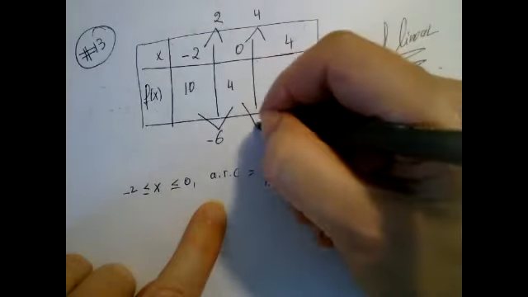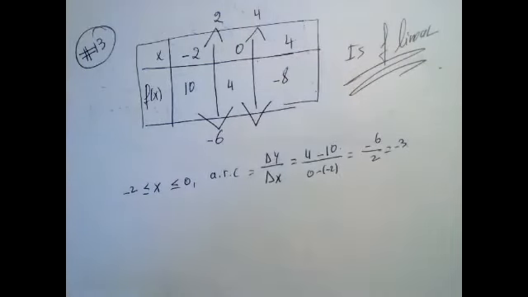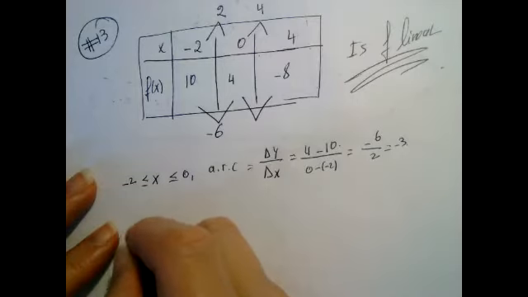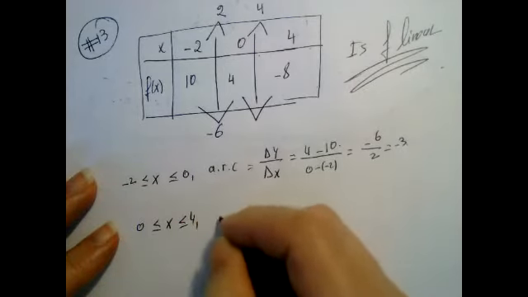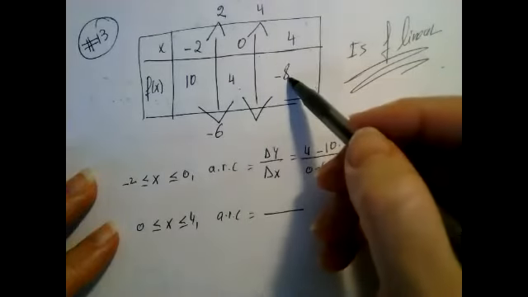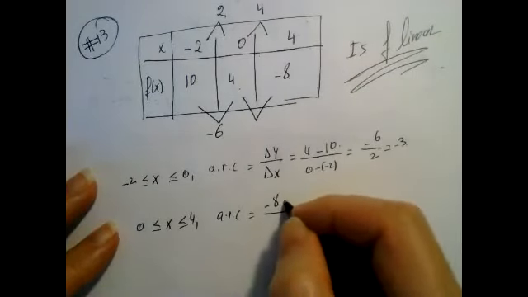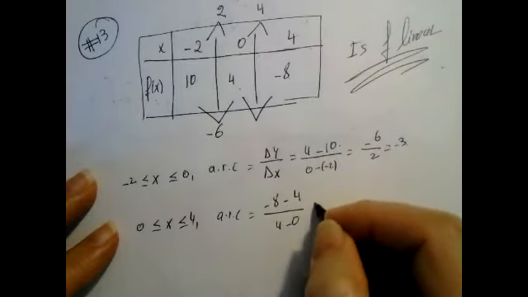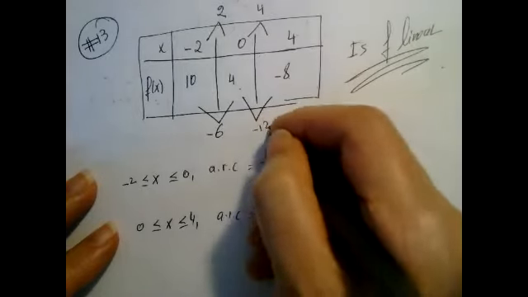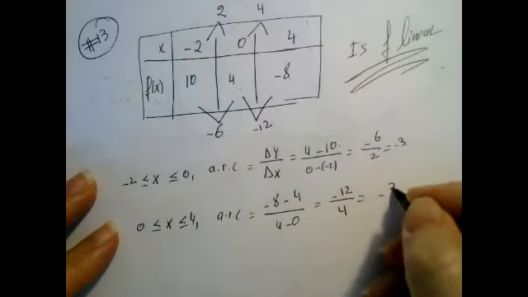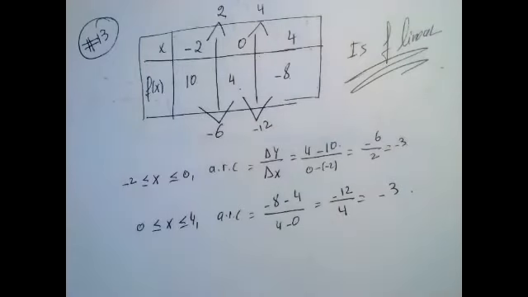Between 0 and 4, are we keeping the same ratio? Because it's really about a ratio here. So let me check. Between 4 and -8, what's the change? From here to here, the change is actually -12, over 4, it's -3. So is this a linear function, yes or no?